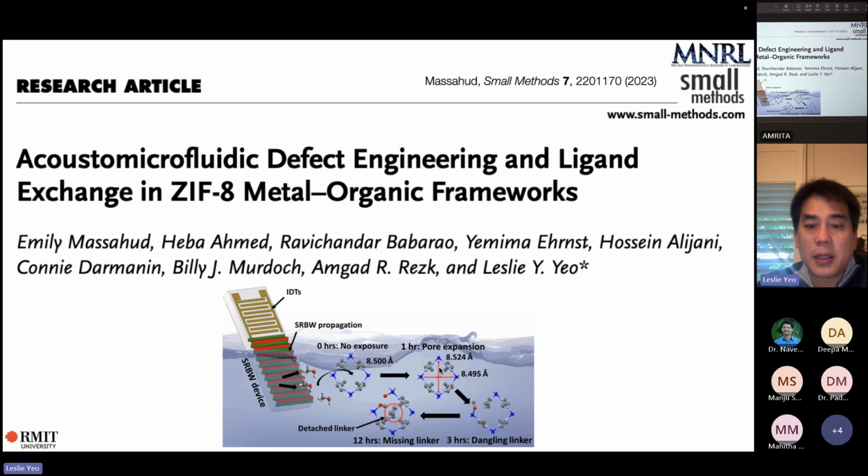And you can see that after 1 hour, we examine the morph and we get the pores to expand. There's some slight expansion. But after 3 hours, we can actually break the linkers. And so you get this dangling linker defect, and at 12 hours, the whole linker goes missing. Okay, and we showed this is useful for solvent-assisted ligand exchange. But because of time, I guess I'm probably going to end here.